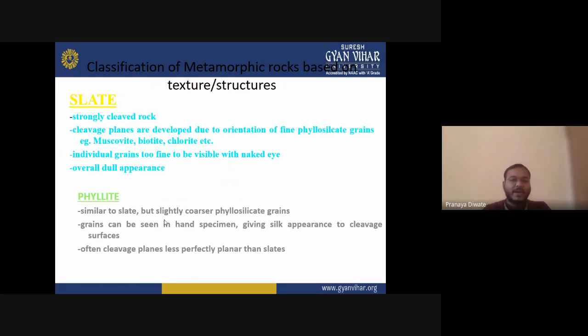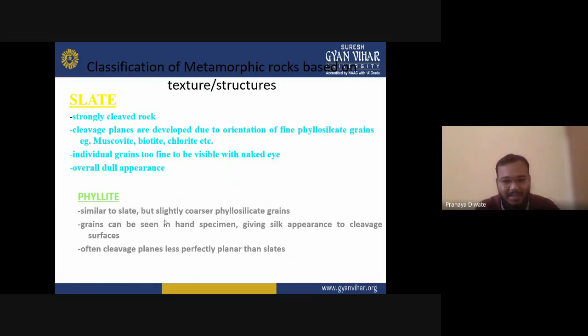Then you have phyllites. After slates, you have phyllites. What is phyllite? Phyllite is similar to slate, but with slightly coarser phyllosilicate grains.